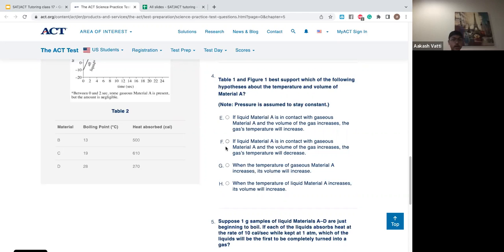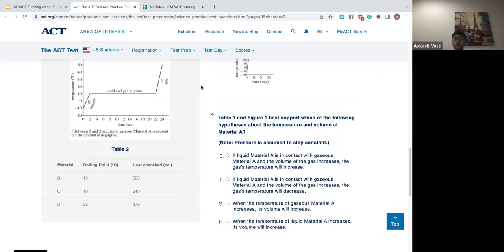So E is not the best answer, because material A was a mixture of liquid and gas from 2 seconds to 22 seconds, as you can see right here.